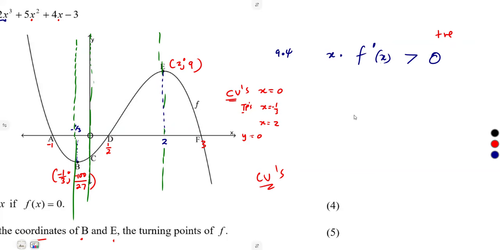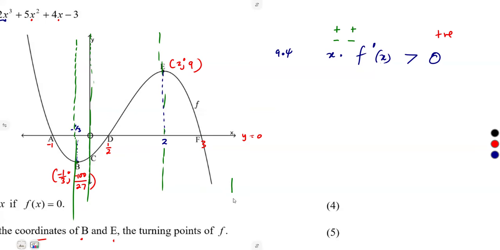So we need a condition where we take the x value, multiply it by the first derivative, and we obtain a positive value. So x can be positive and the first derivative has to be positive, or x can be negative and the first derivative has to be negative. How do we know that the first derivative is negative? From the graph, that's why we needed the turning points.